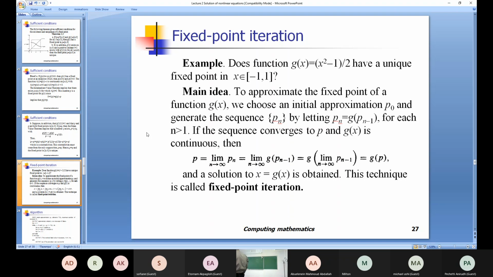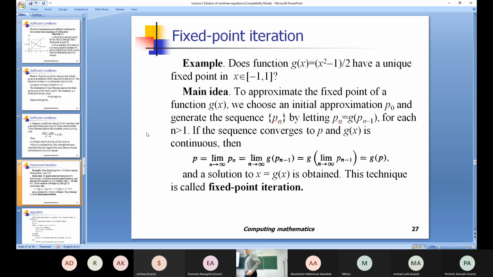So the range of the function is from minus 1 over 2 to 0. So it's also between minus 1 and 1.